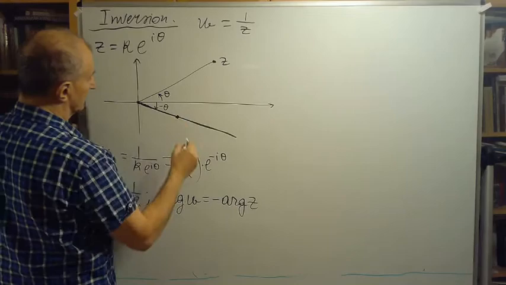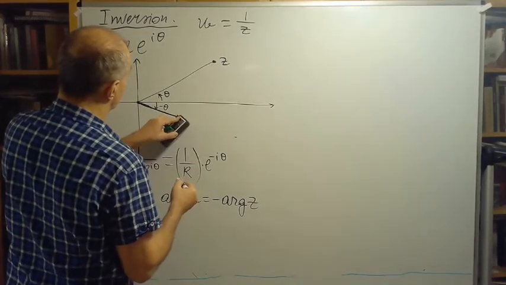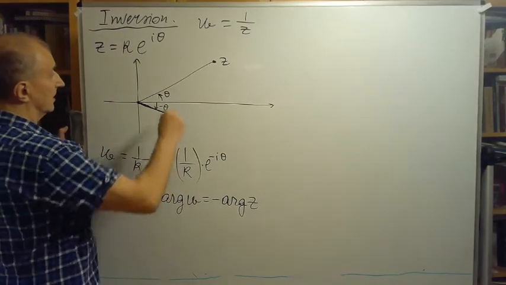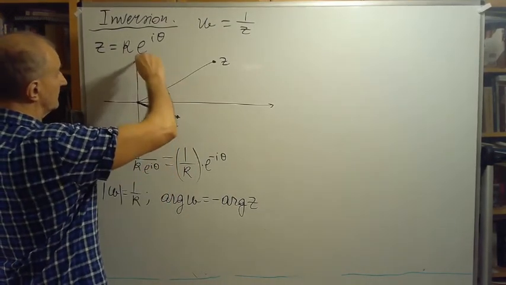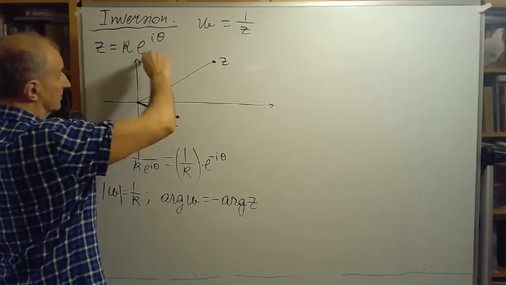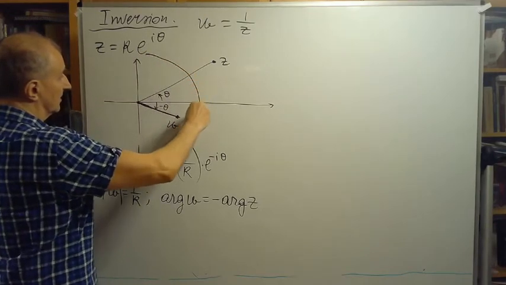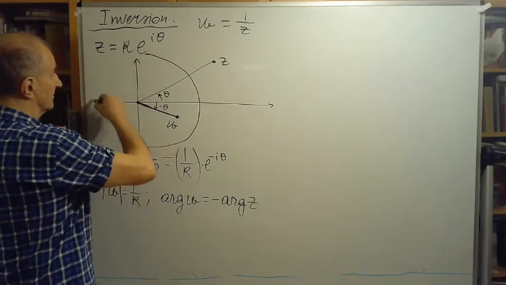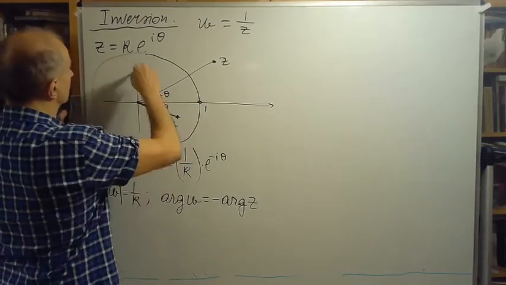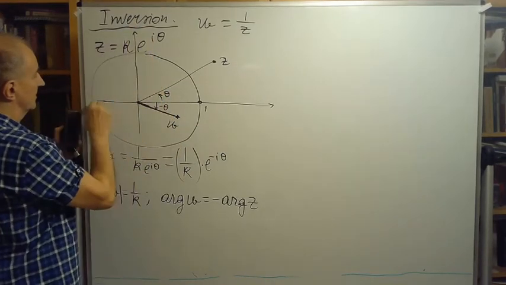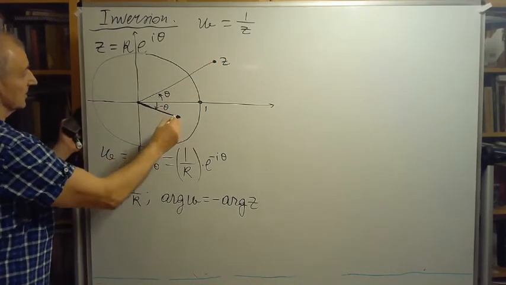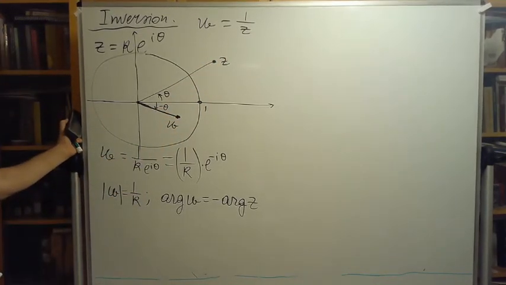So it will be shorter, somewhere here. This is w, right? And for those numbers that lie on the unit circle, their modulus will be the same under the inversion. Yes? So this is the unit circle. If z lies outside the unit circle, then w will be inside the unit circle, and vice versa.